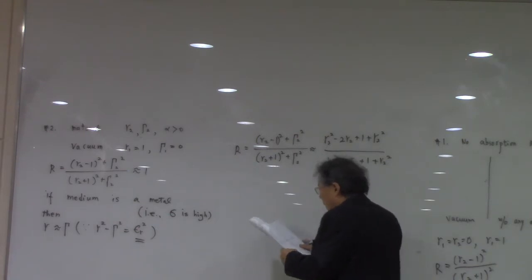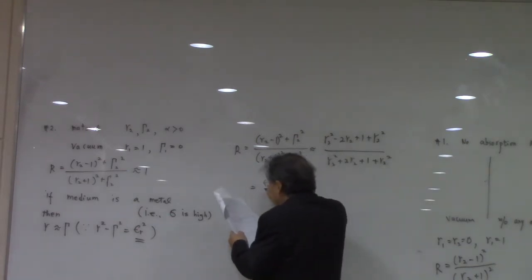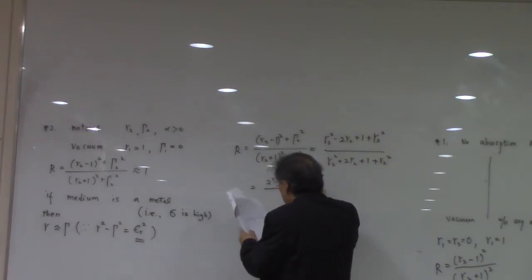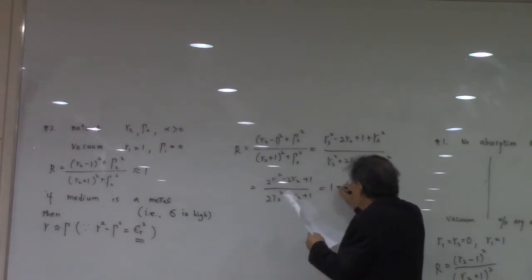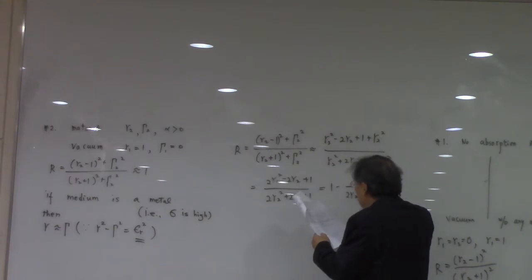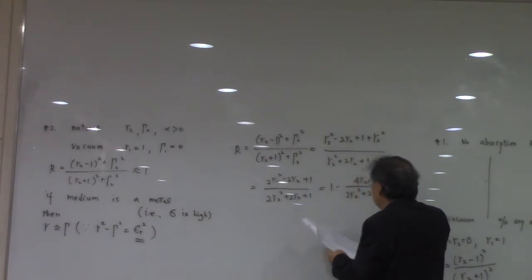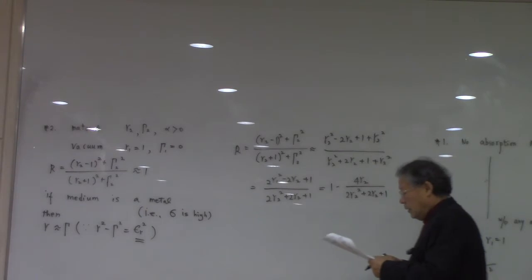All right? And this is equal to (2R2 square minus 2R2 plus 1) over (2R2 square plus 2R2 plus 1), and then it is equal to 1 minus 4R2 over (2R2 square plus 2R2 plus 1), something like this, right?